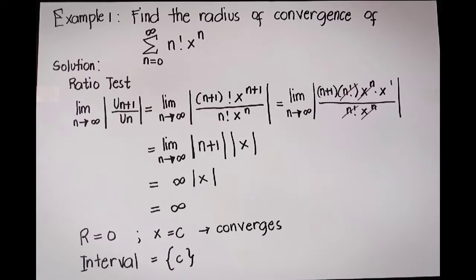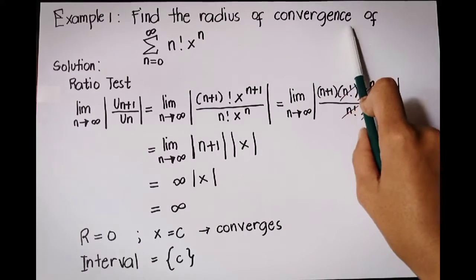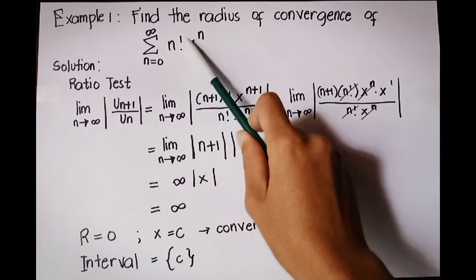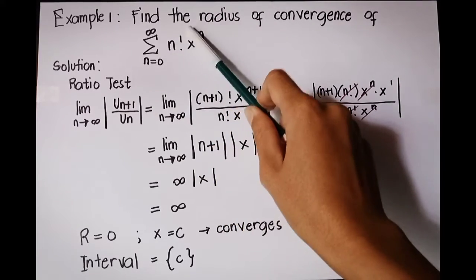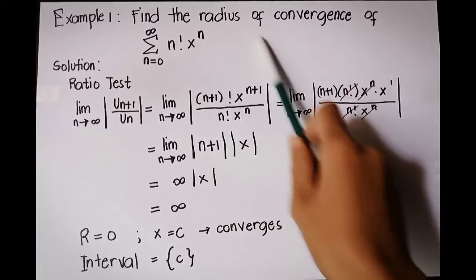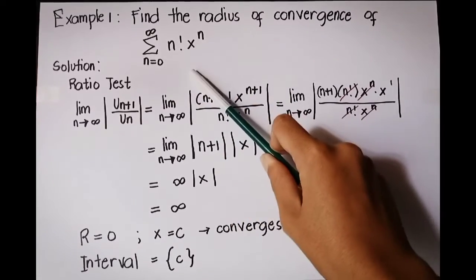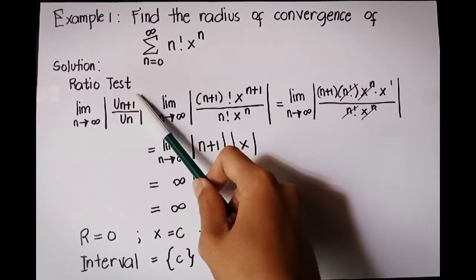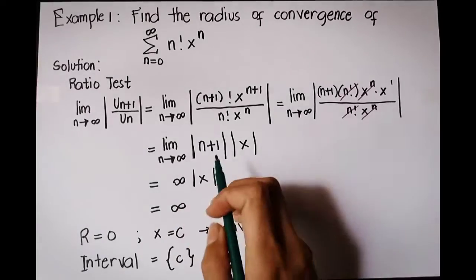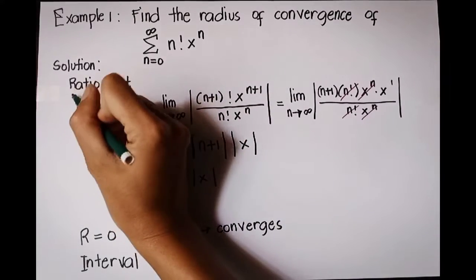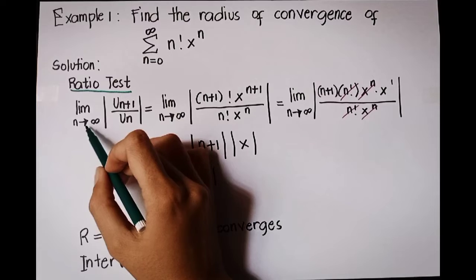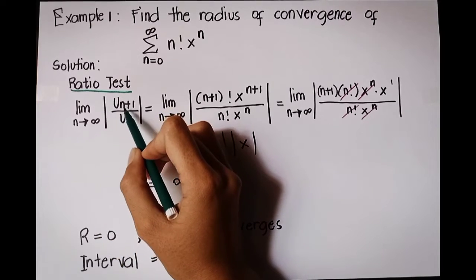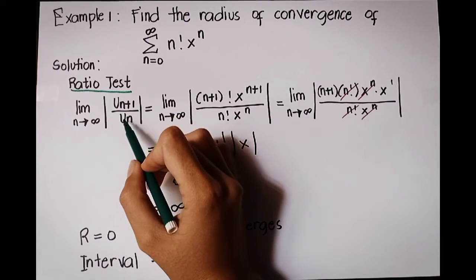Alright, let's go with the example. Find the radius of convergence of the series n factorial x raised to n, as n equals 0 goes to infinity. Now the solution for this series is, we will use the ratio test. So we have the limit as n goes to infinity of the absolute value of un plus 1 over un.